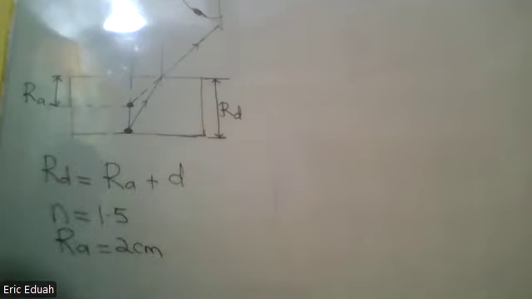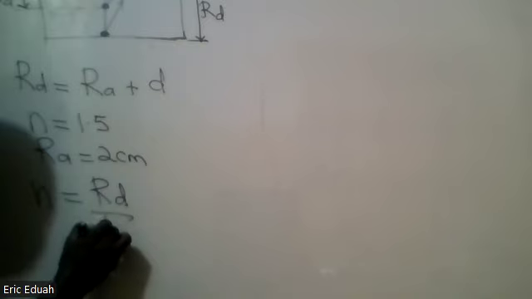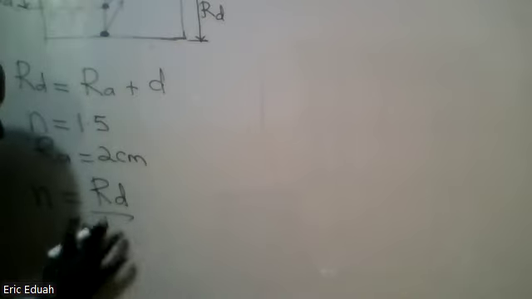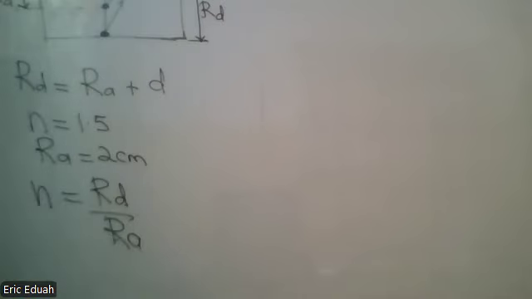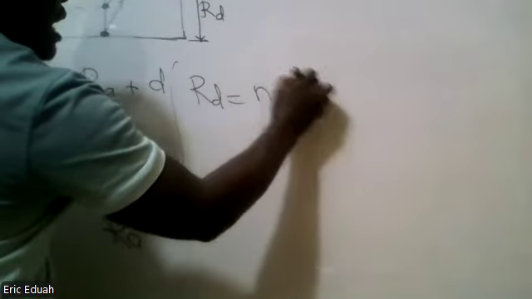Using refractive index equal to real depth divided by apparent depth, real depth will be equal to N times apparent depth.